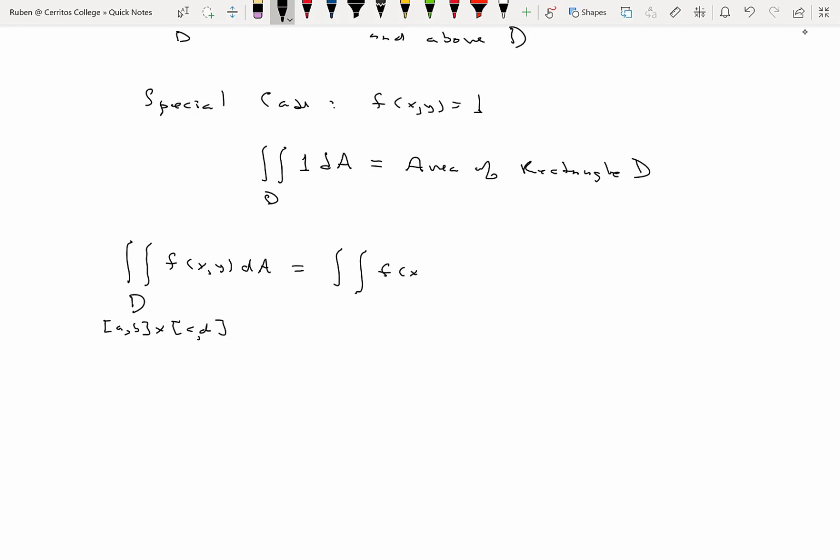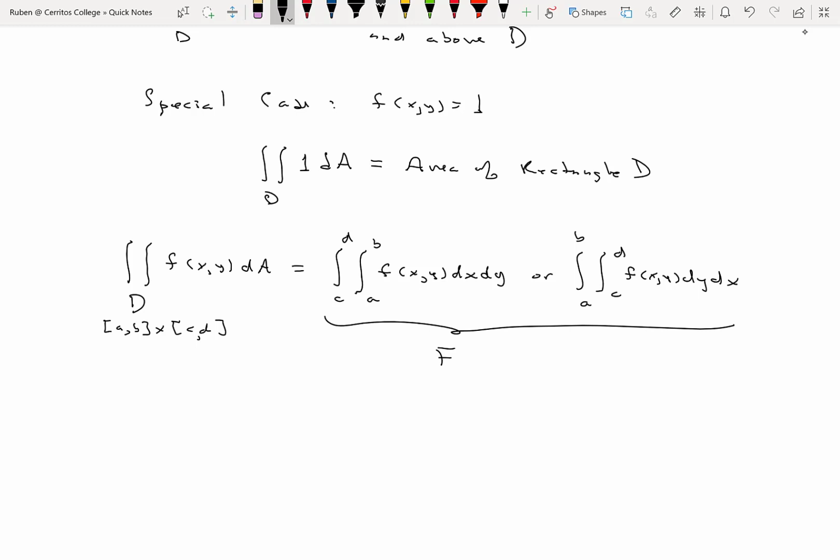So the really great result was that this equals the iterated integral, dx dy, where x ranges from a to b and we integrate with respect to y from c to d, or the integral from c to d first and then from a to b of the function with respect to y and then with respect to x. This is called Fubini's theorem.